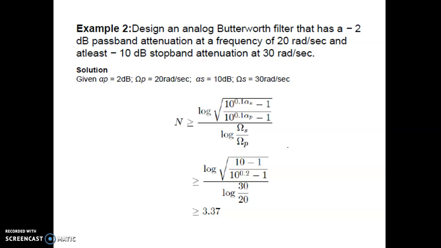Given alpha p is equal to 2 dB and omega p is equal to 20 radians per second, and alpha s is equal to 10 dB and omega s is equal to 30 radians per second, we make use of the formula n is greater than or equal to log of the square root of (10 raised to power 0.1 alpha s minus 1) over (10 raised to power 0.1 alpha p minus 1), divided by log of omega s by omega p. If you substitute the appropriate values, you are going to get n is 3.37 and you need to round it off to a value of 4.